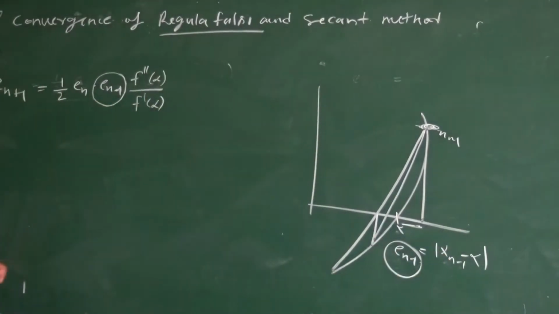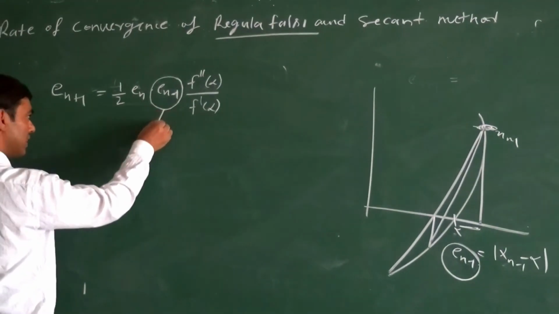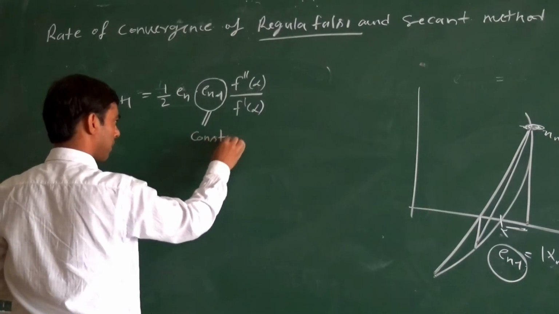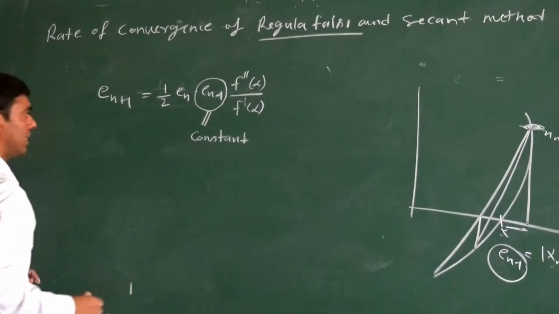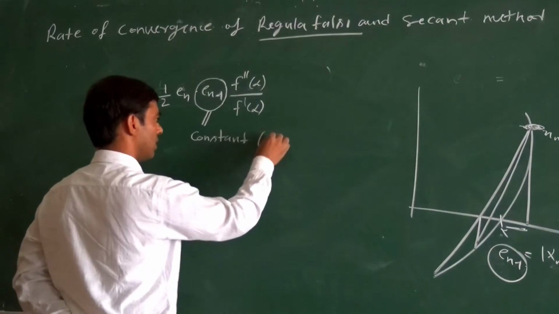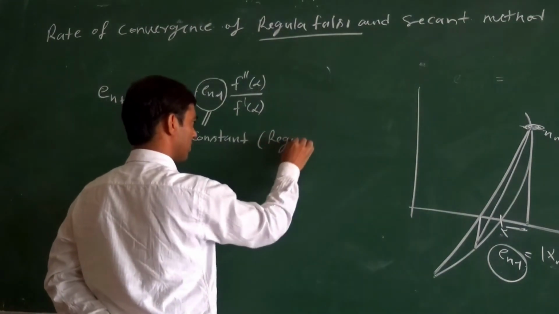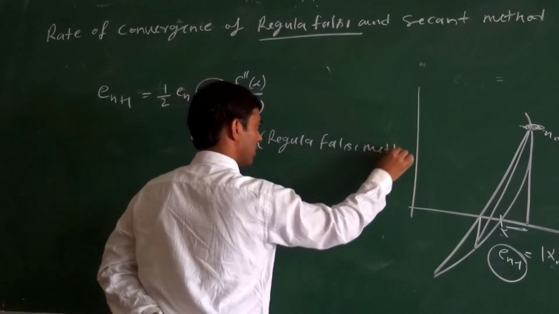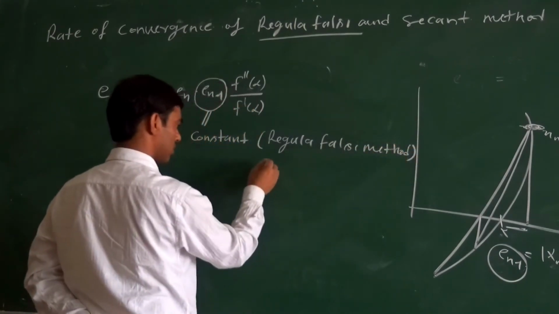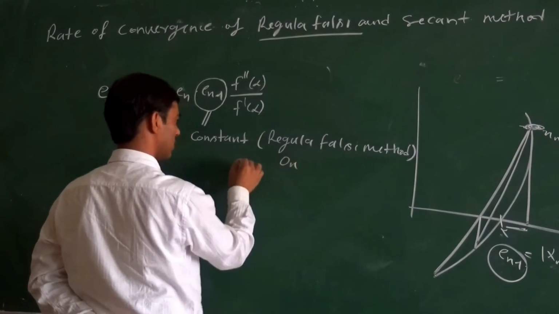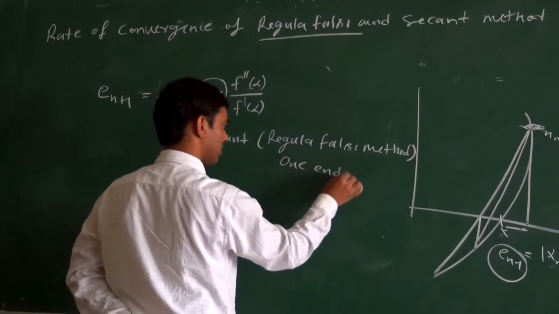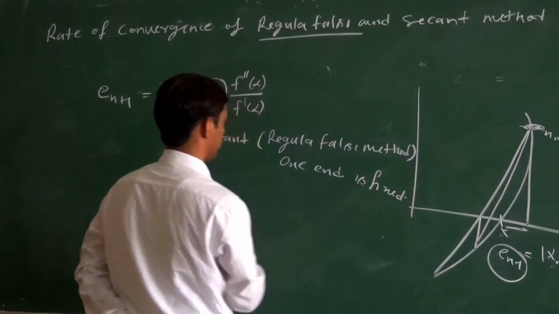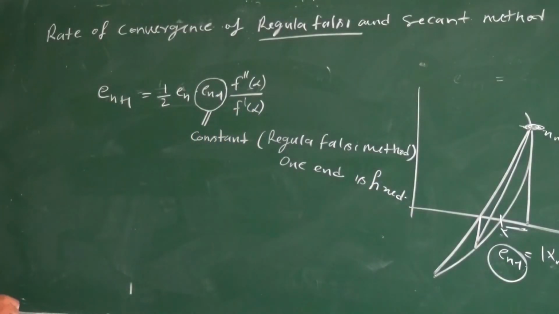So in the Regula Falsi method this is constant, because one end is fixed, and the error becomes constant.